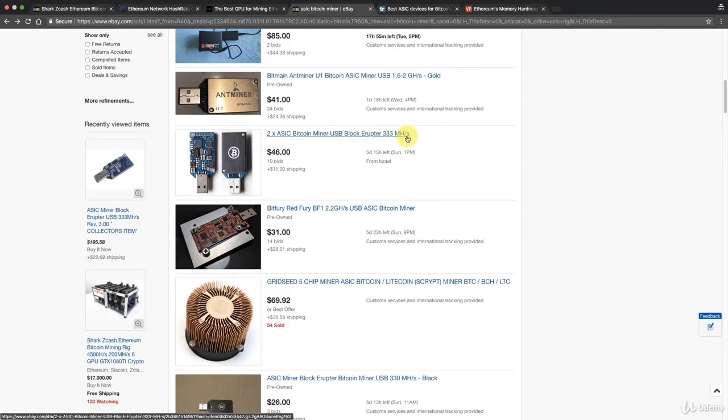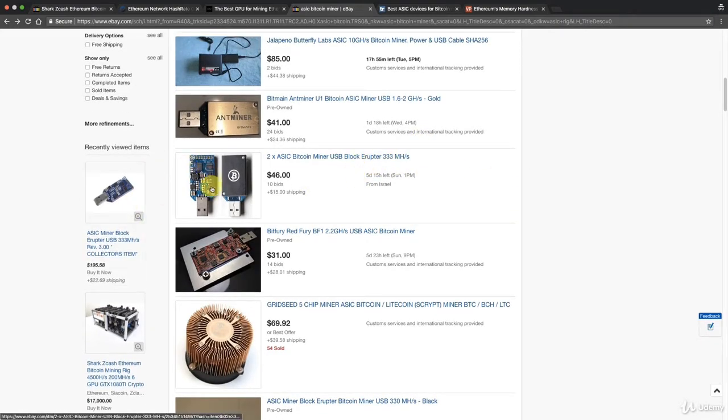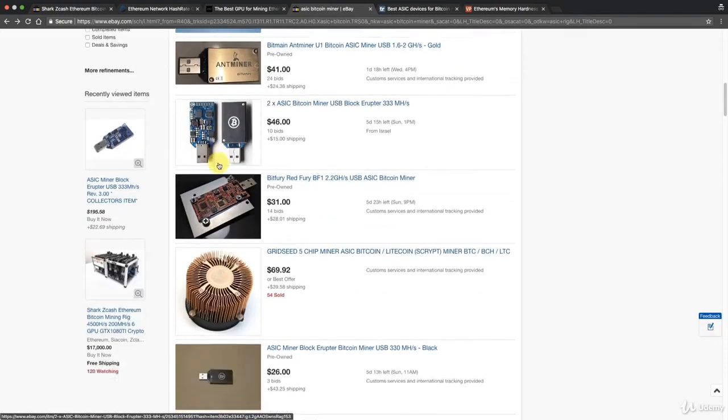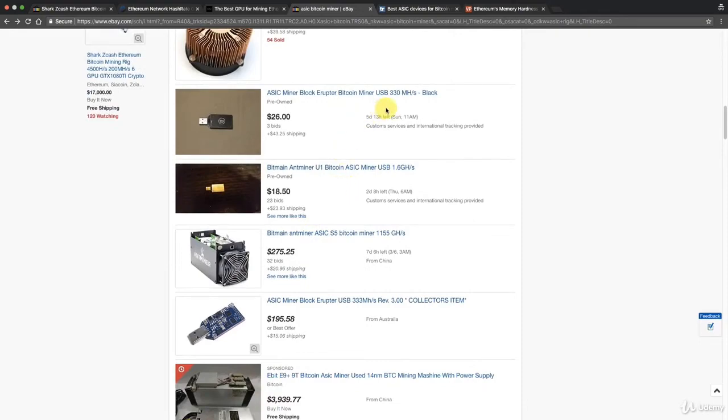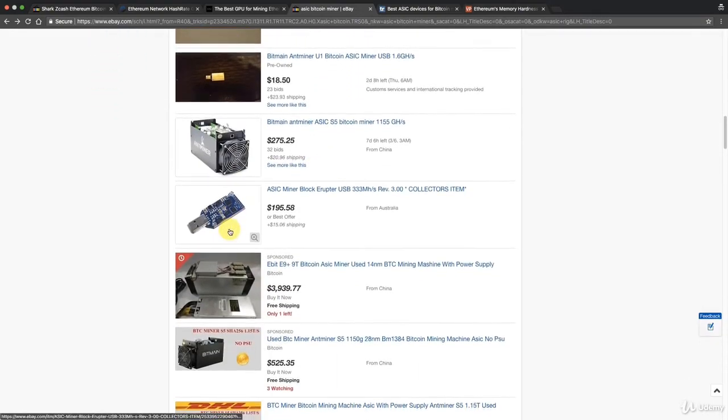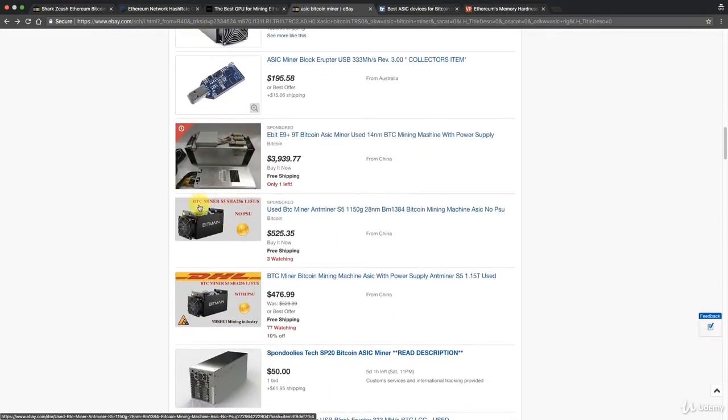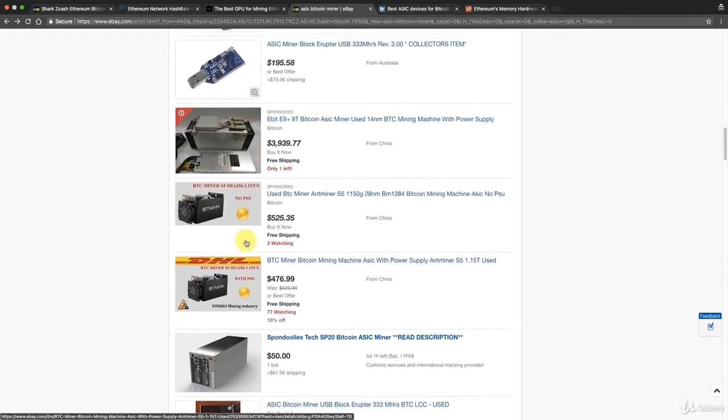Remember we said that the GPUs would only go up to like 1 giga hash. This is already 333 mega hash with a tiny USB stick on Bitcoin. So that's crazy, and that's what ASIC devices did to the world of blockchains that use SHA-256.